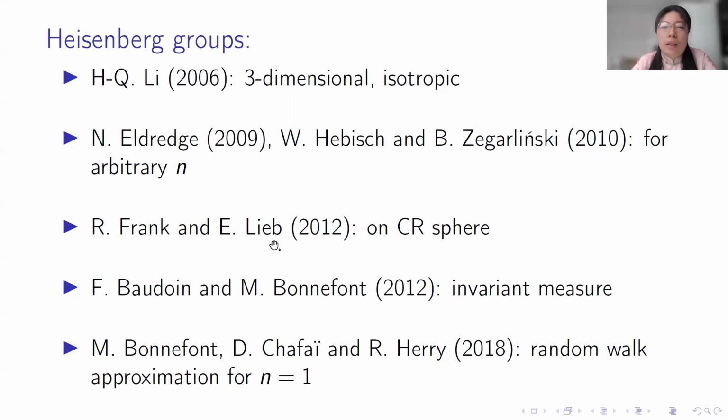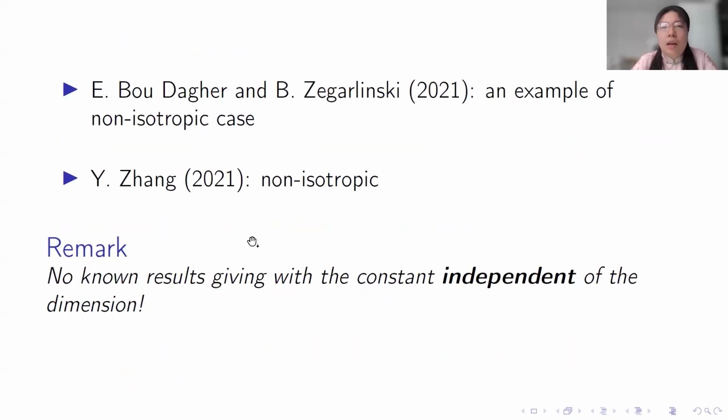What I mentioned above is all more related to the isotropic Heisenberg group, three-dimensional or higher dimensional. While in the so-called non-isotropic case, which I will mention later, only two results are known so far.